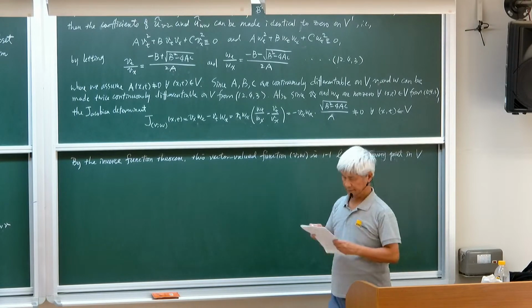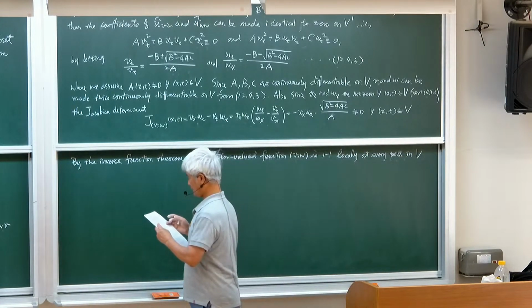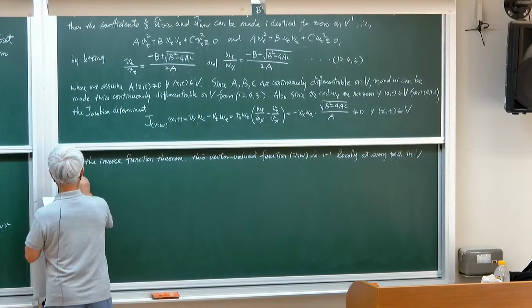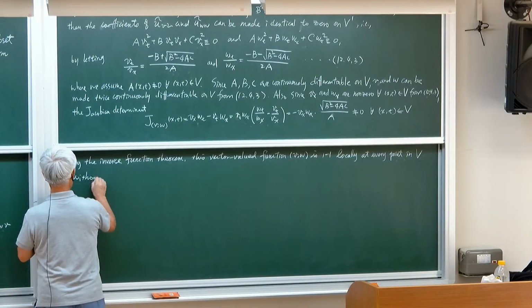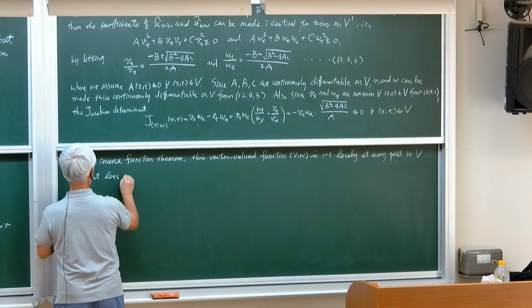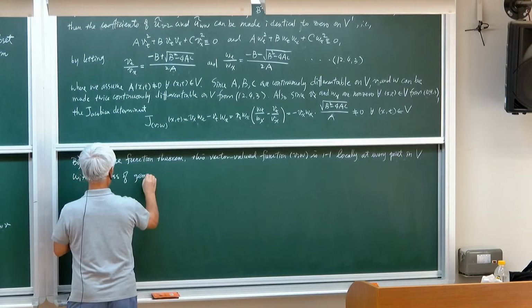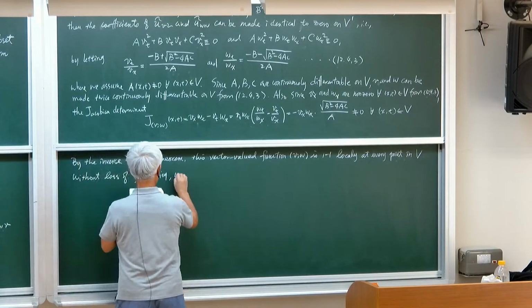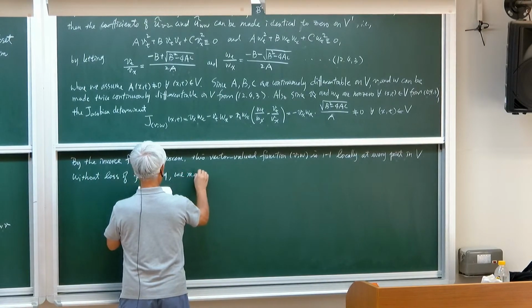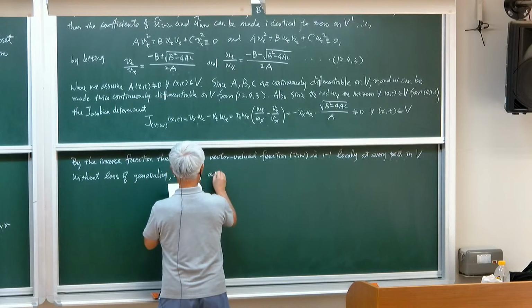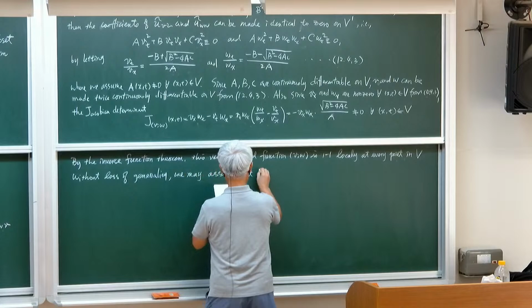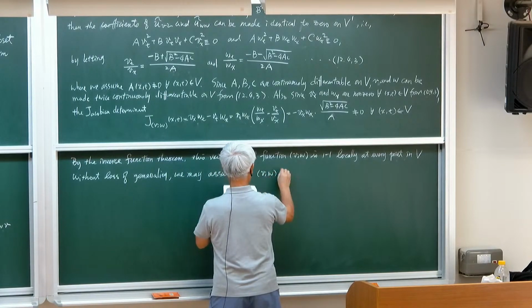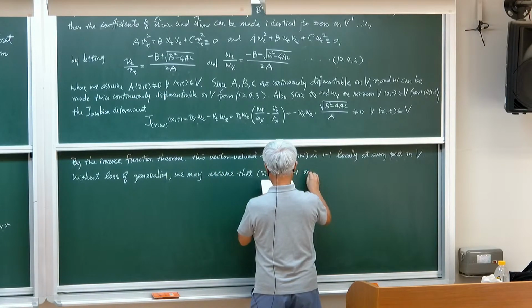All right, so without loss of generality, we may assume that (V, W) is 1-to-1 on V.